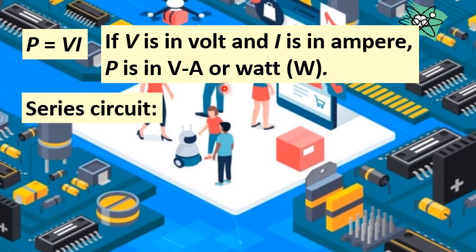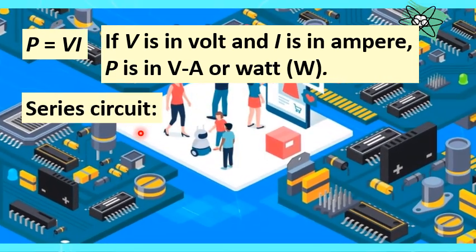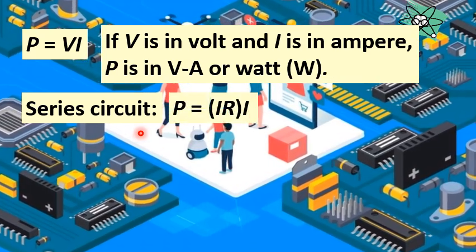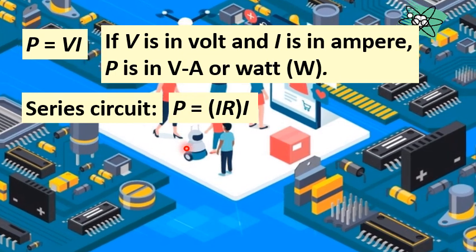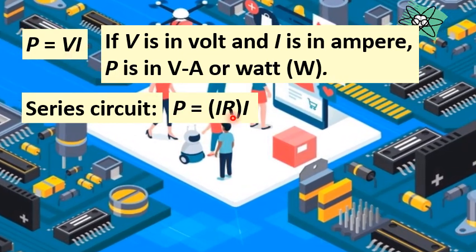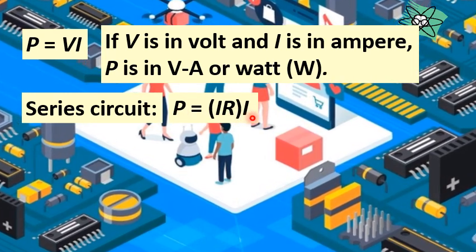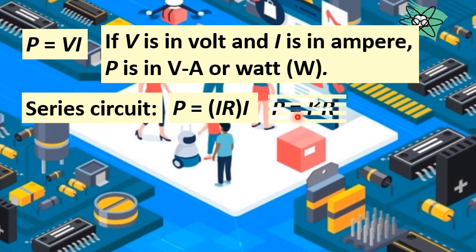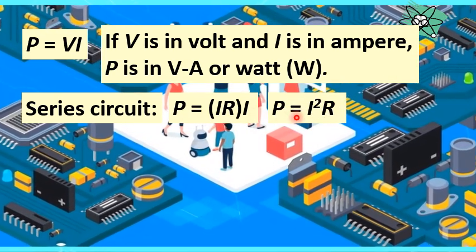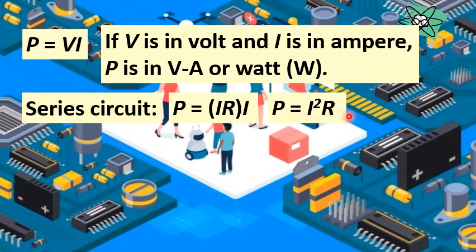Now, for a series circuit, we can derive the power formula by substituting I times R for the voltage V. So IR times I will have the power equals the square of the current I multiplied by the resistance R.